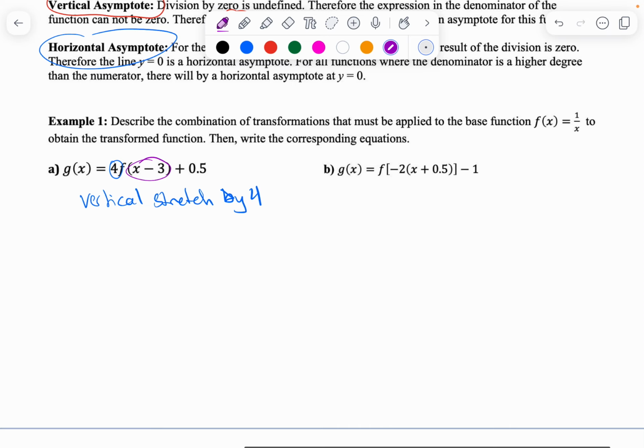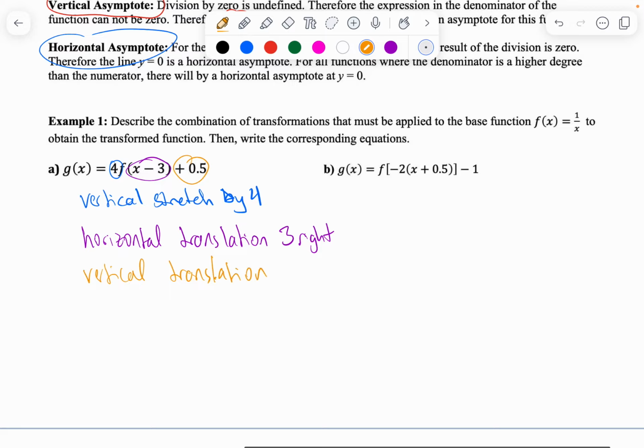Well, that is a horizontal translation, 3 right. And then we can look at this part out here. That is a vertical translation, up 0.5. Right? So again, adding, subtracting to the x is horizontal and always opposite. So x minus 3 is 3 to the right. Adding, subtracting to the whole function is vertical translation, and multiplying the whole function is vertical stretch.